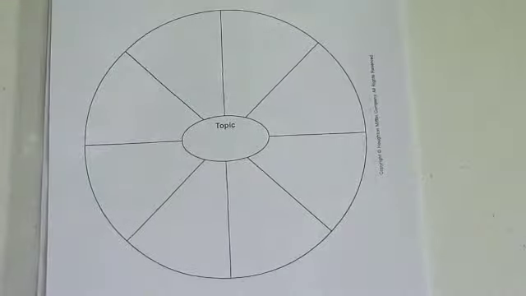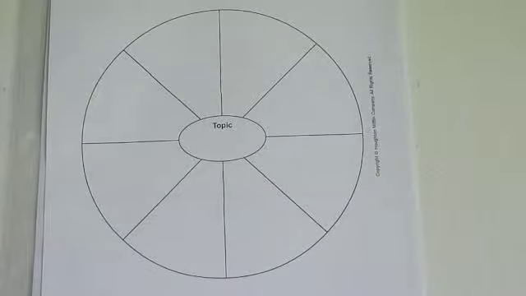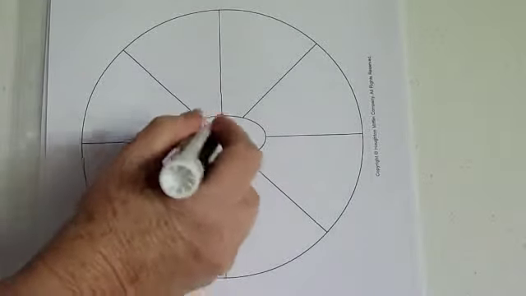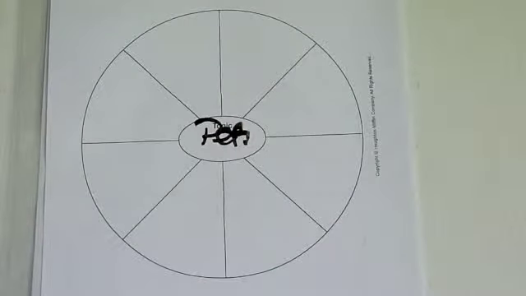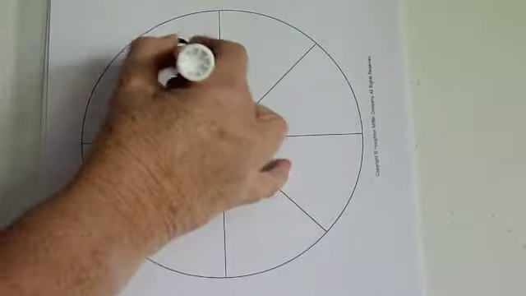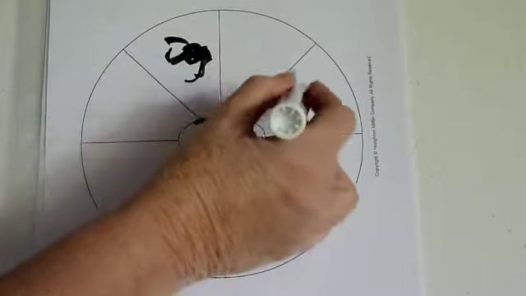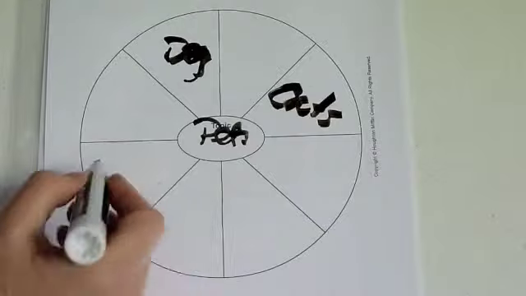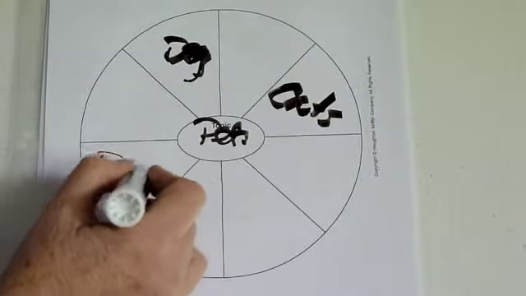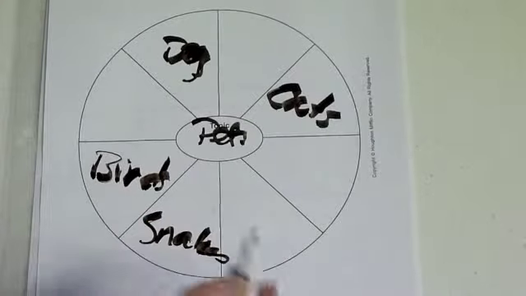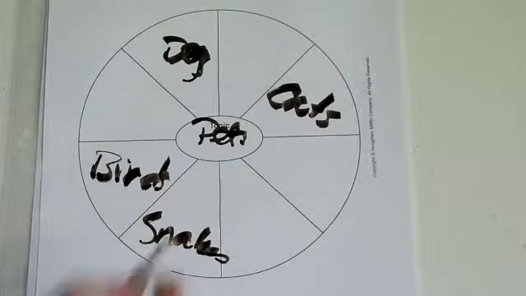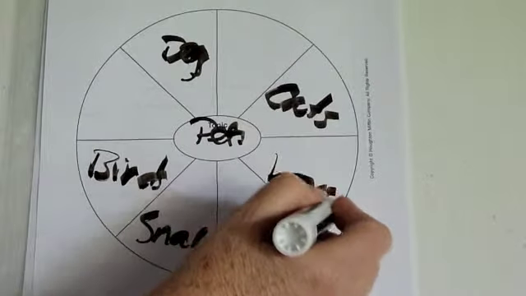Just a couple more. Same thing here. You could start off with your topic of pets. What are the pets that are out there? You've read an article about pets, and in that article it talked about dogs, it talked about cats, it talked about birds, it talked about snakes, and maybe it talked about, I don't know, horses as pets.